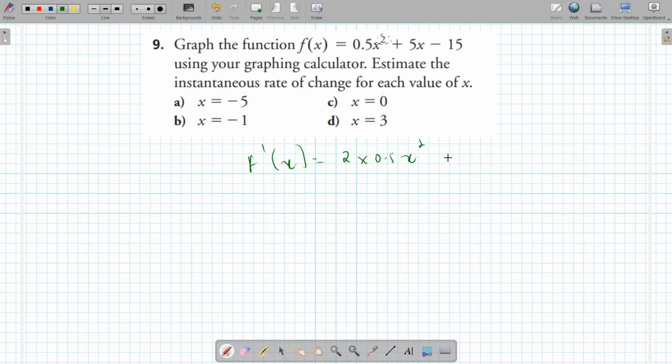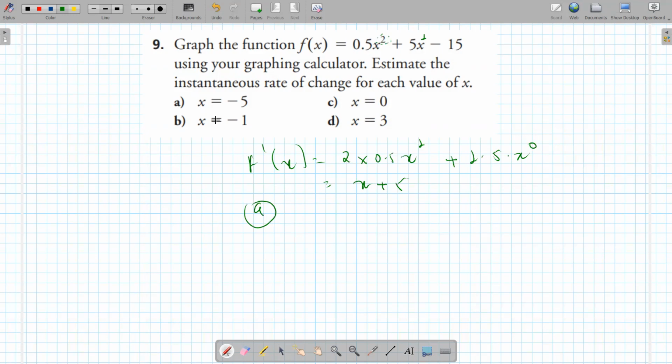So it'll be x to the power 1. What about the next term? It'll simply be 5. Or if you want the proof, you bring that 1 down, multiply with 5, and take away the power. It's going to become x to the 0. Therefore, the IROC function is x plus 5.